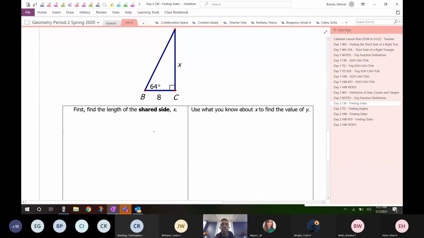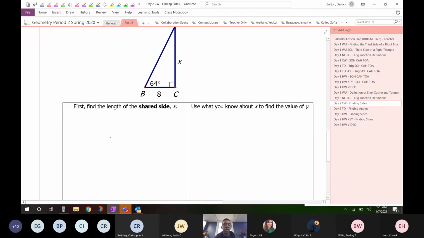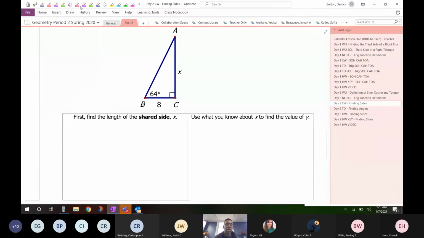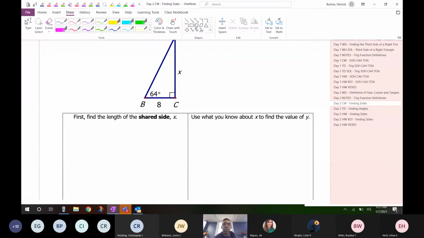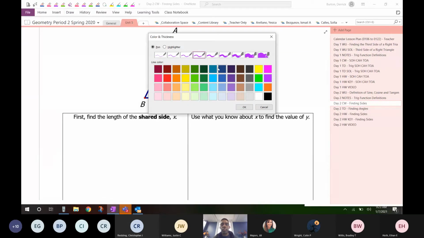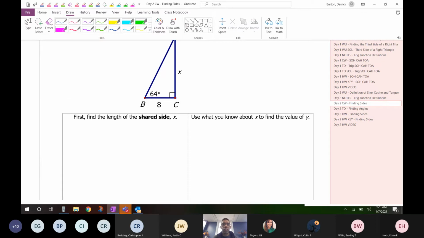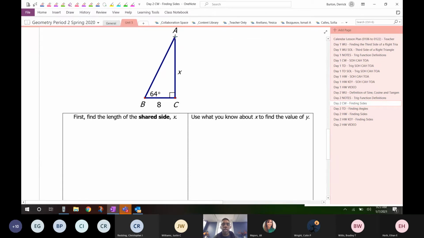In fact, in practice, what you should probably do is just draw the triangles separately. So I'm going to do that real quick right now. I'm just tracing this triangle so I can copy it.